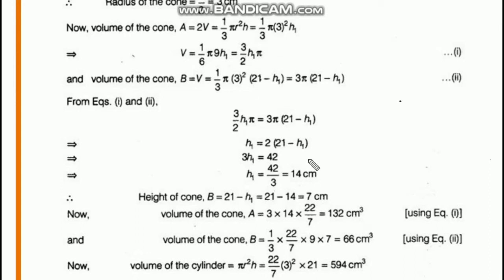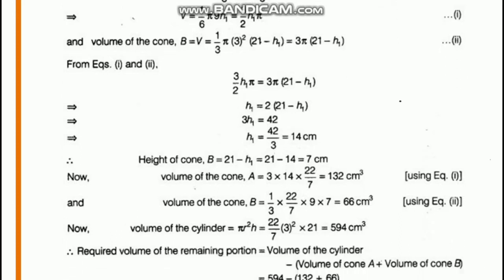Just substitute the values here and you will get the answer: 132 centimeter cube. Next, the volume of cone B. You know the height and radius, substitute in the formula, and you get the answer 66 centimeter cube.